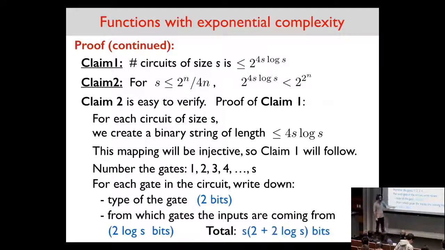And then I do this for each gate, and there are s many of them. So I have s times 2 bits plus 2 log s bits. This is basically 2s plus 2s log s. But s log s is larger than s, so I can upper bound this by 4s log s. And I'm done.